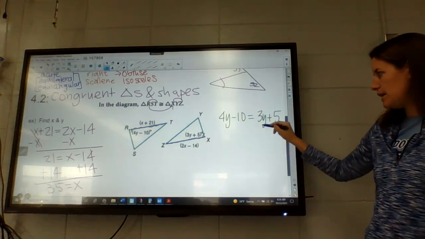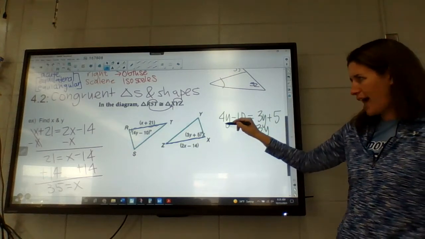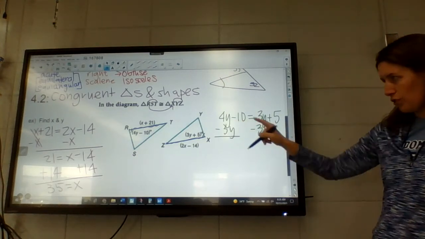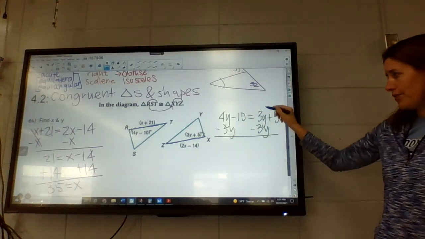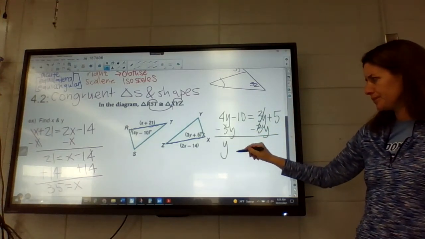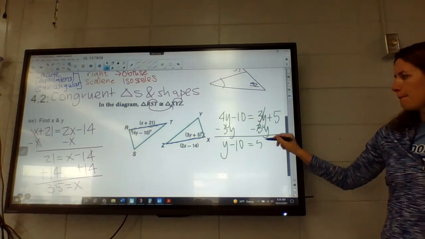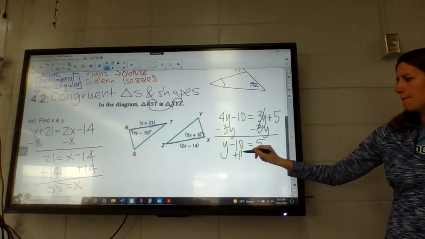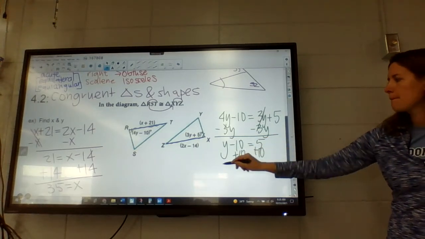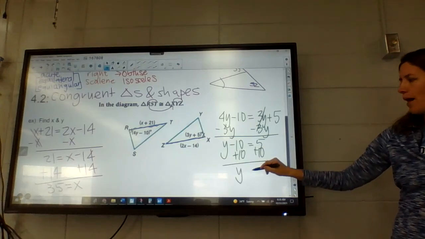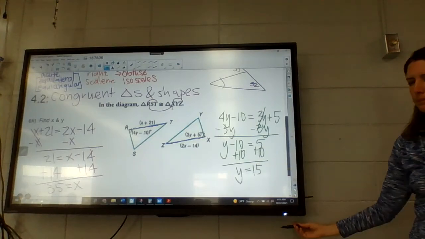And hopefully pretty easy equations to solve here. There's not gonna be anything like that number 22 from our homework last night with the square roots. So Y ends up being 15.